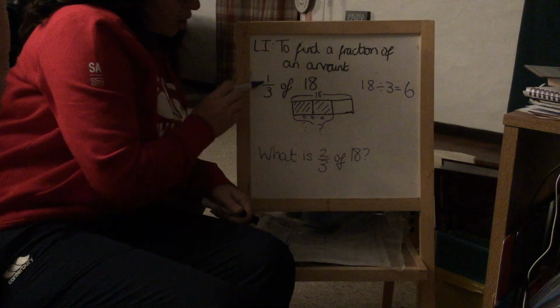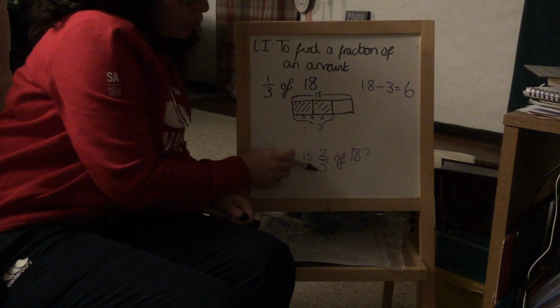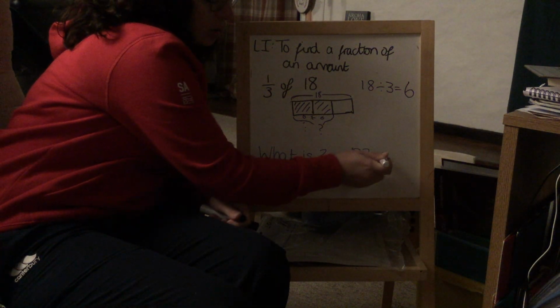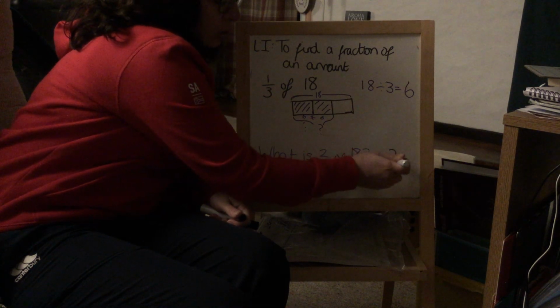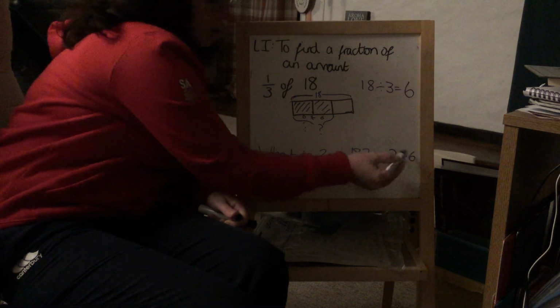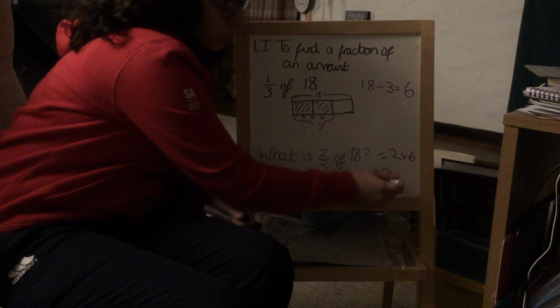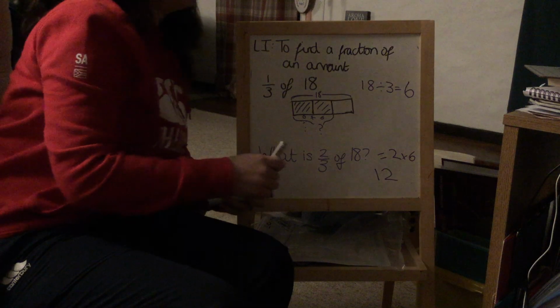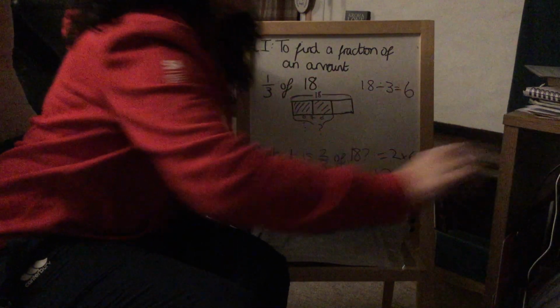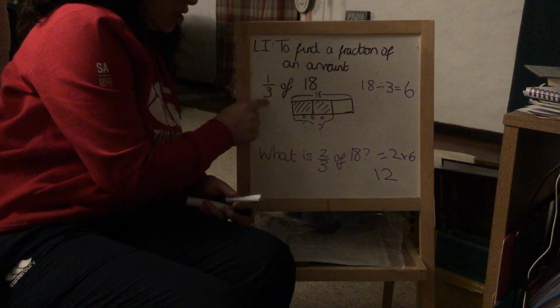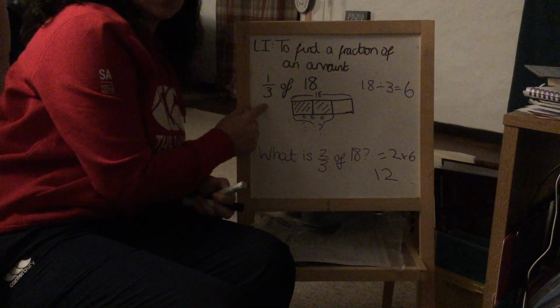So once we have worked out 1/3 is 6, we know that 2/3 must be 2 times the value of 1/3. So that equals 12. So it is relatively straightforward. We are basically dividing by the denominator, and that is it.